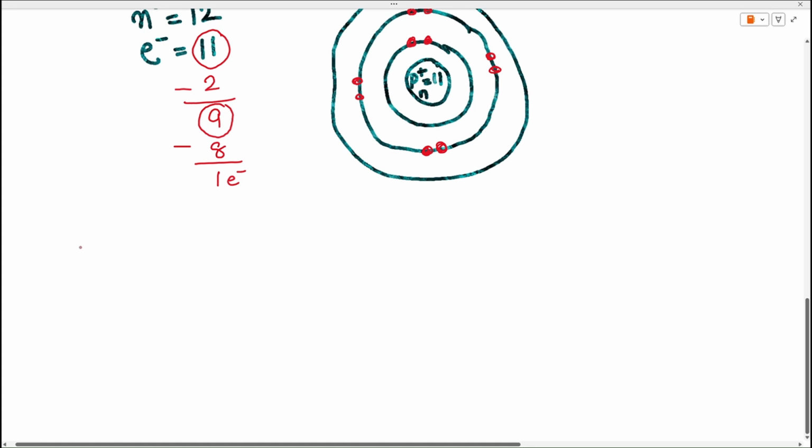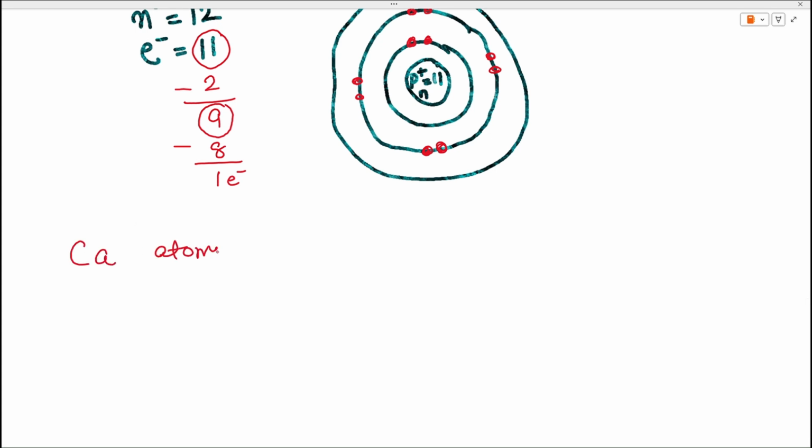Let us take calcium. Calcium, its atomic number is 20, and its mass number is 40. So first, let us write down the electrons, the protons, and the neutrons. As we talked about it, atomic number gives us the information of the protons and the electrons.